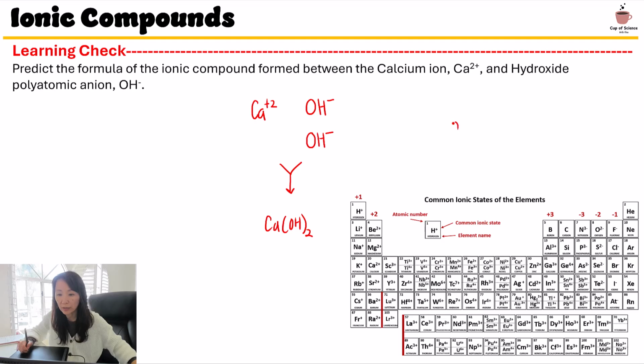If you were to write it like this, it would be wrong. That means that there's only 2 hydrogens and you're not treating this as a polyatomic. You need to treat them as one entity. So this would be wrong. This is correct.